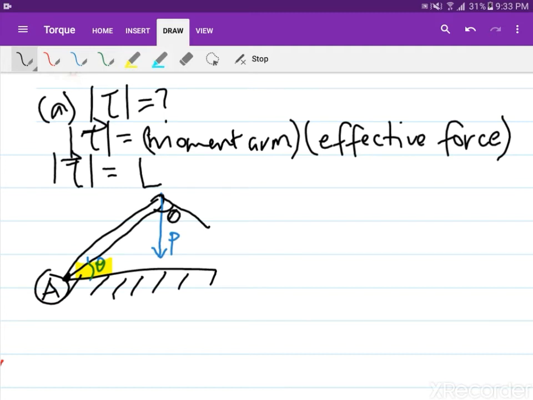Recall that we have defined the effective force to be the force that is perpendicular to the moment arm. So if this is our moment arm, this component of P is the effective force, which is, if we write this inside the magnitude, this is P cosine of theta. So this is our magnitude of torque.